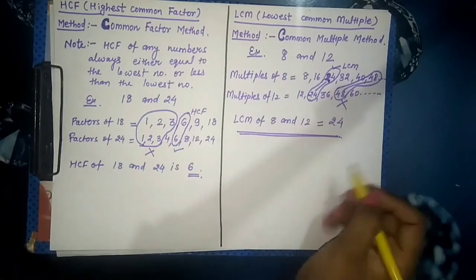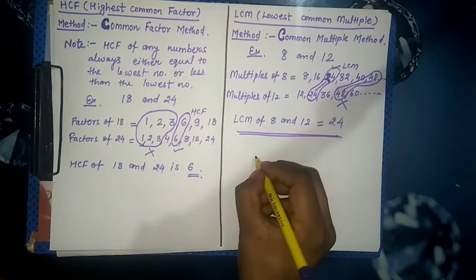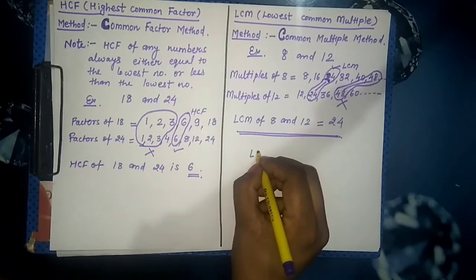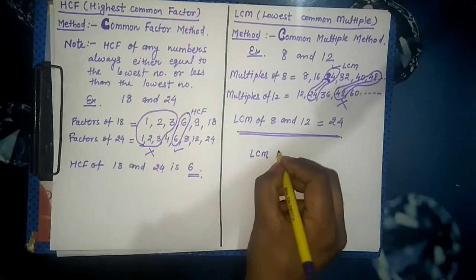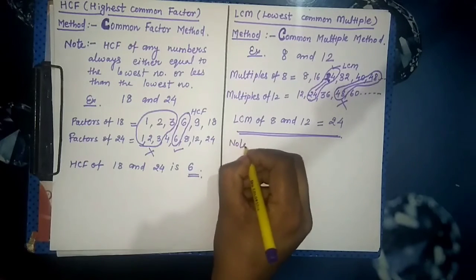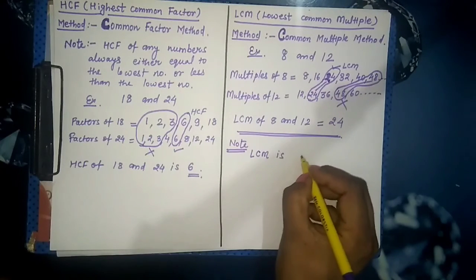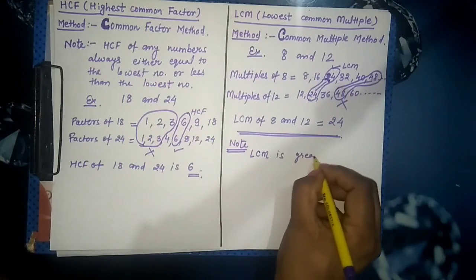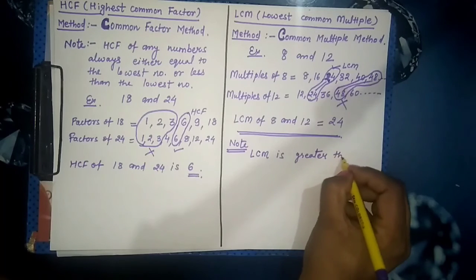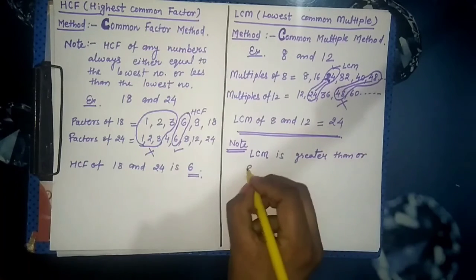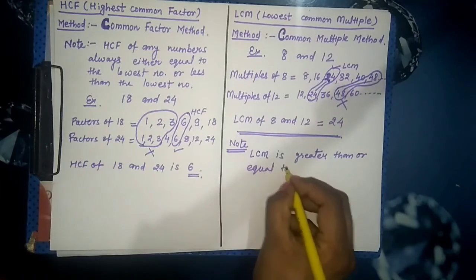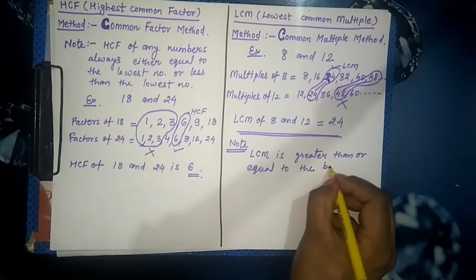As we wrote a helping note to check the range of HCF, we can write the same type of note to check the range of LCM also. Here I am writing a short note for this. The note is: LCM is greater than or equal to the biggest number.